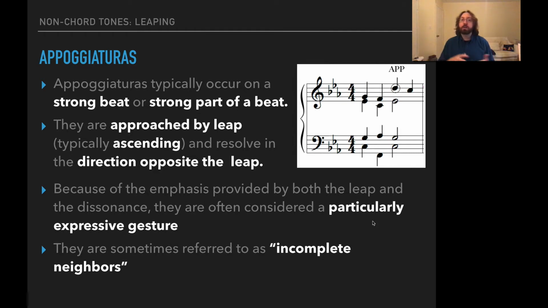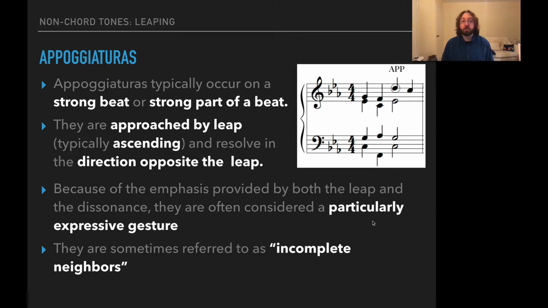Different theoretical traditions have some different interpretations of what appoggiaturas are. So if you're used to a different definition, I want to open your eyes to this one. If you don't like it, that's fine, but you'll find many people are using this as the definition for an appoggiatura.